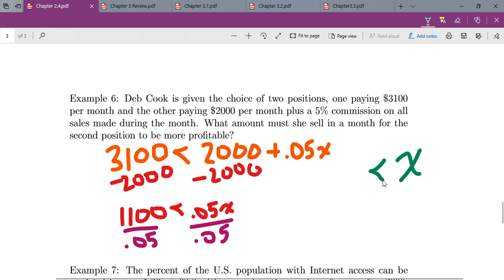So you can take a TI real quick, and we can divide this out. 1,100 divided by 0.05 equals 22,000.